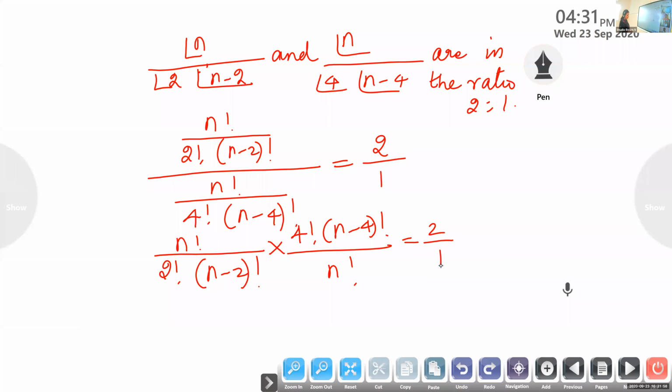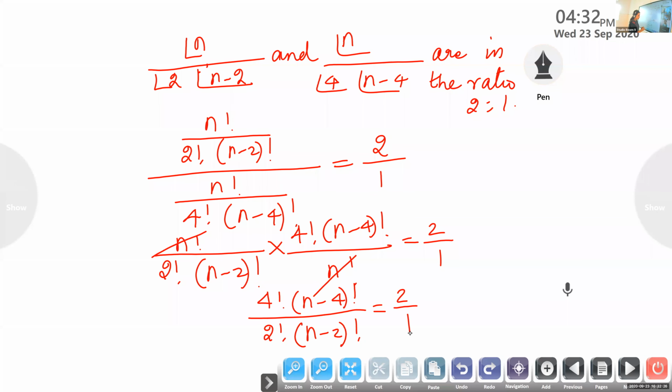Is it clear? Now n factorial will get cancelled. We have 4 factorial into (n minus 4) factorial by 2 factorial into (n minus 2) factorial is 2 by 1. Now tell me the next step.